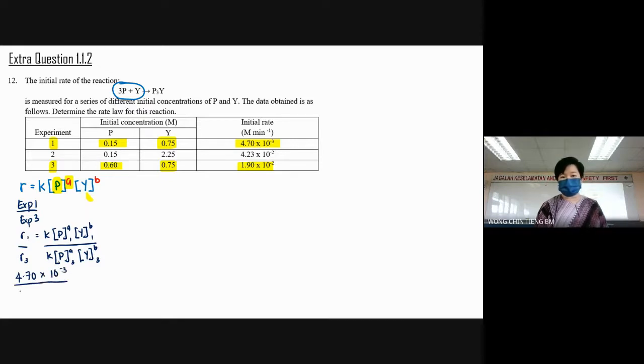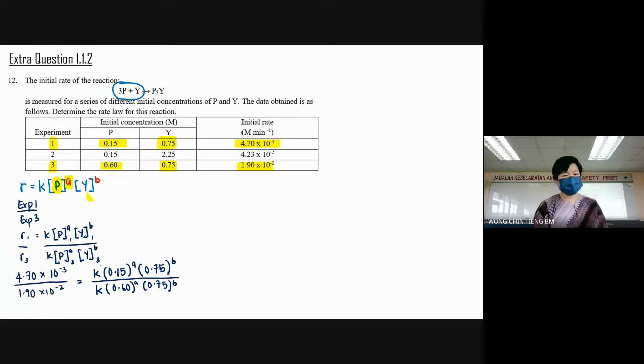Your R3 is your 1.9 times 10 to the power negative 2 equals to K, concentration P of experiment 1, 0.15 to the power of A, 0.75 to the power of B. And sama tetapi untuk eksperimen berbeza. 0.6 A, 0.75 B. Betul? Setuju? And what do we do next?